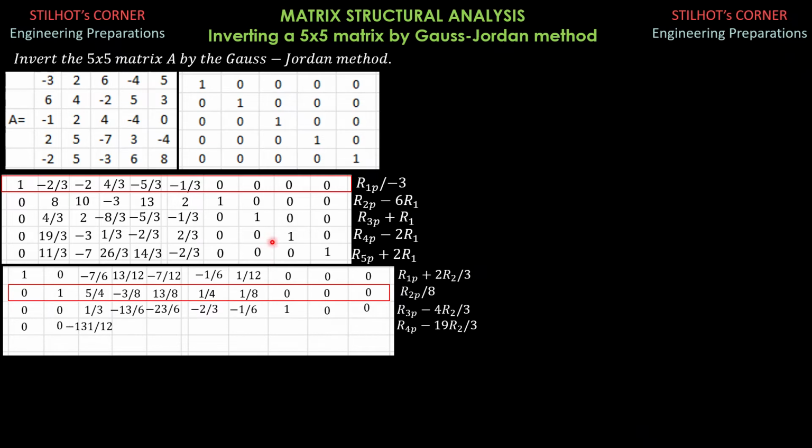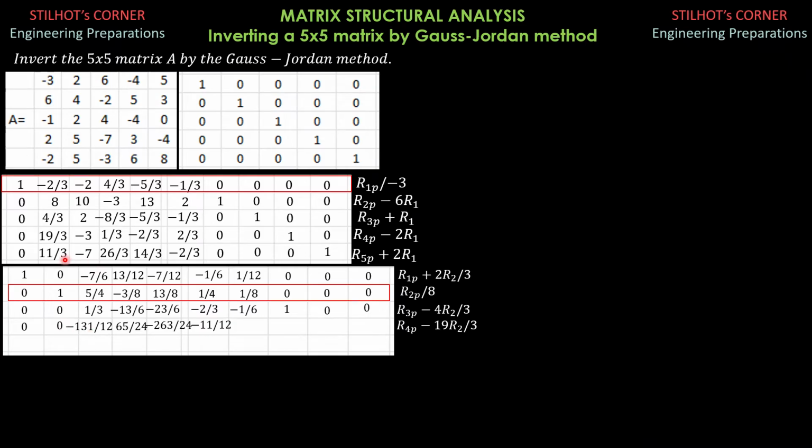Then 0 minus 19 over 3 of 0, that's still 0. 1 minus 19 over 3 of 0, that's still 1. 0 minus 19 over 3 of 0, that's 0.